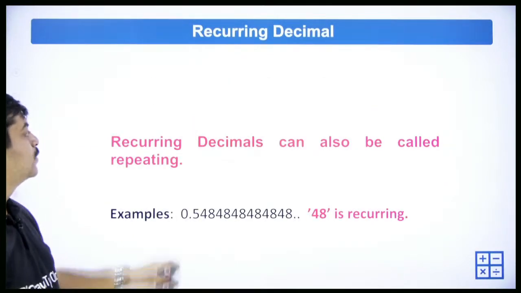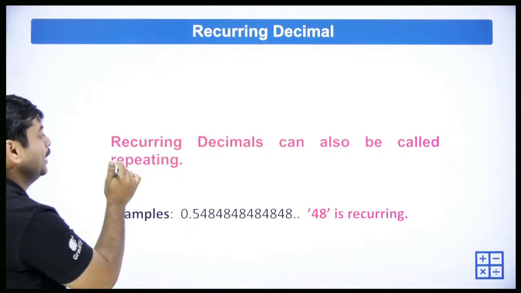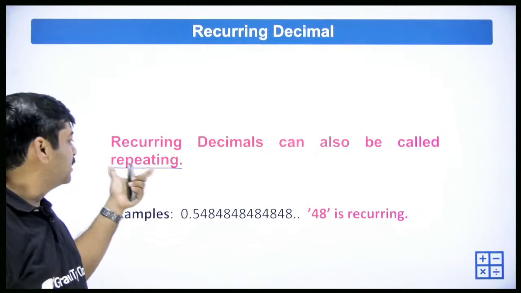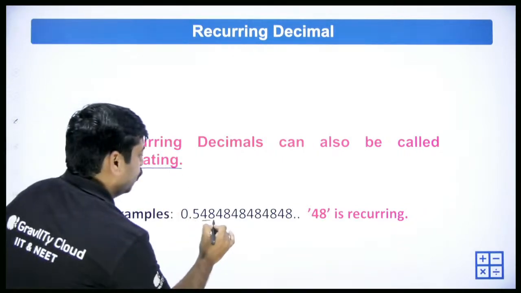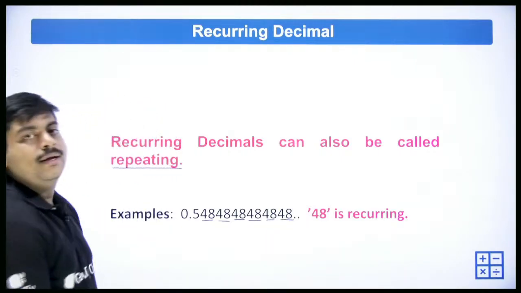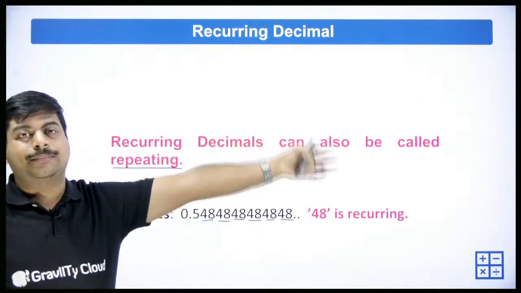See, recurring decimals are also called repeating decimals. The name itself says that it is repeating. Carefully check here: 48, all 4 8s, it's the same 4 8 being recurring or repeating.